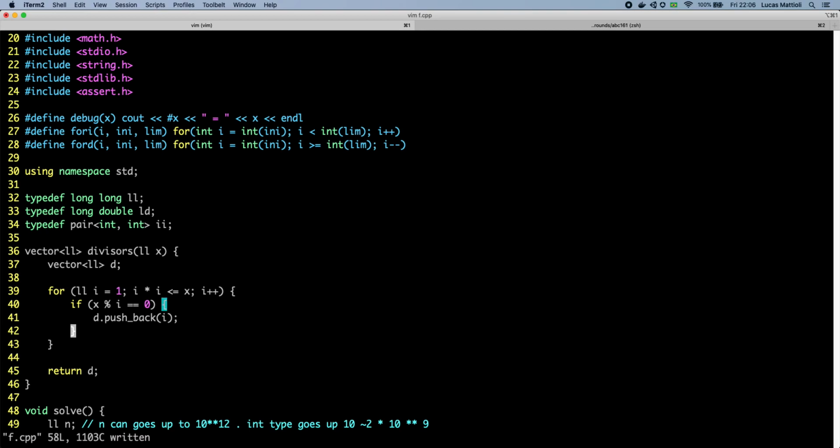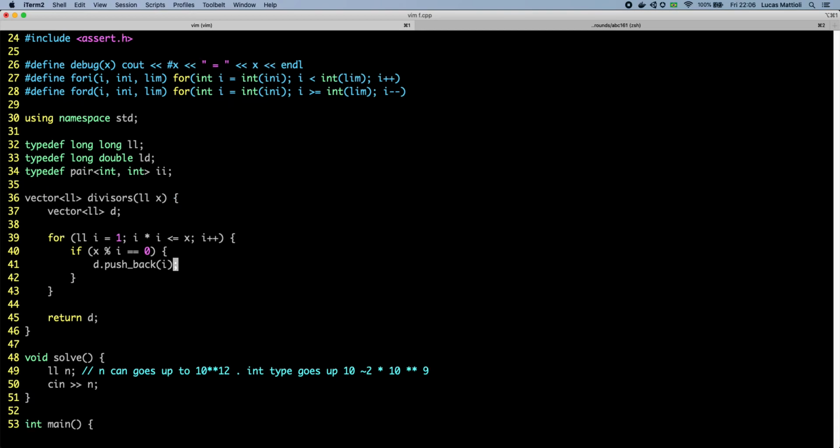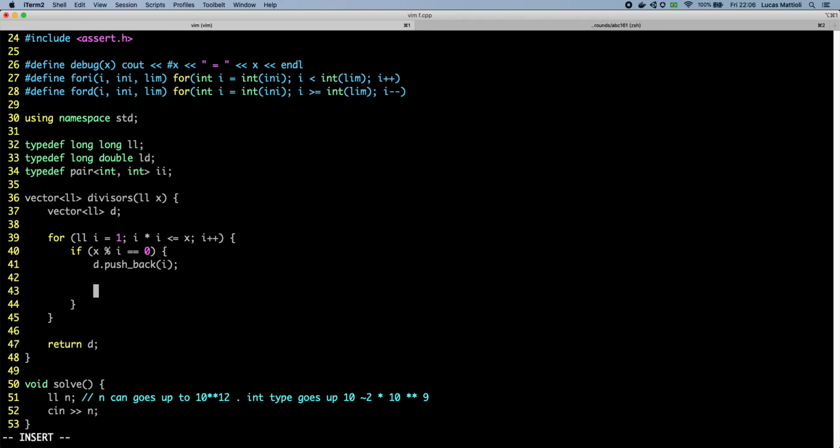When we find a divisor of some number, this divisor has another divisor that pairs with it. So for example, let's say that i is a divisor of x.